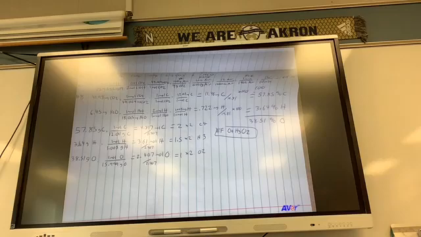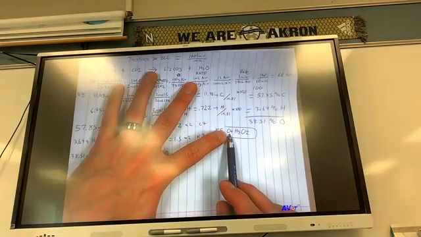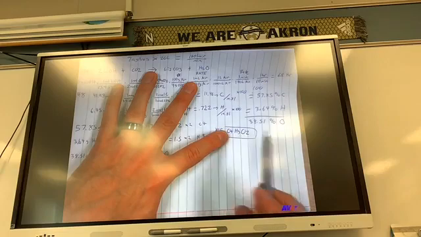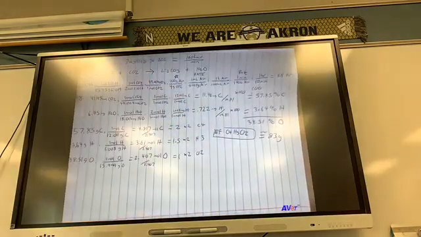We good so far? Come up with the rough molar mass of that. 4 times 12 is 48. 48 plus 3 is 51. And then 51 plus 32, so this is approximately 83 grams.